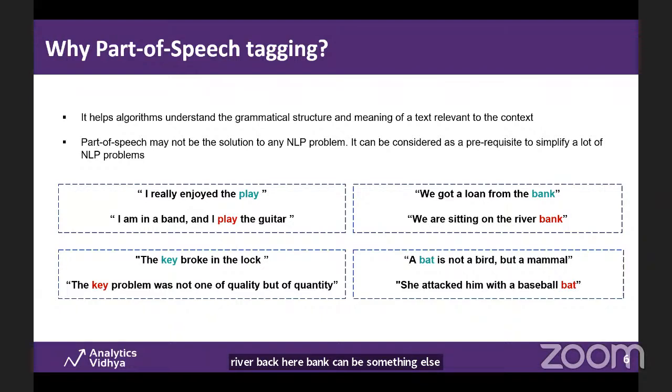As human beings, we understand the context of this word, but for a machine to understand it, POS tagging is essential. And hence, POS tagging may not be the solution to any NLP problem. It can be considered a prerequisite to simplify a lot of NLP problems, which I will discuss in the next section. So I have highlighted a few more examples here, similar to this.